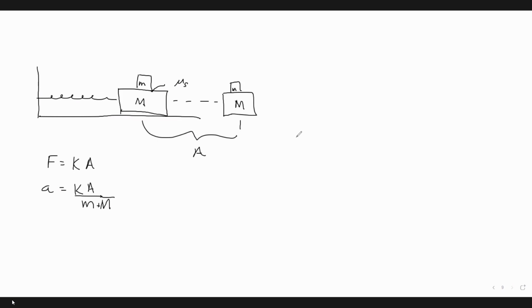Well, let's see. For the little block, the force of friction is acting this way. Is that right? If the whole system moves this way, then the frictional force must act in this direction to keep this from sliding off.